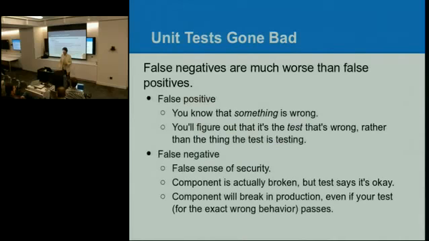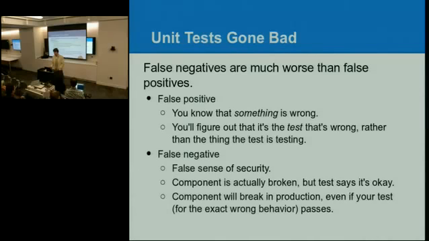Now, false negatives are much worse than false positives. With a false positive, you at least know that something is wrong. And as you plow through the process of figuring out what that something wrong is, you eventually discover that your environment is polluted, and you can fix it accordingly. With a false negative, you're given a false sense of security, and you operate under the mistaken belief that your code actually works fine when in reality it's completely broken.